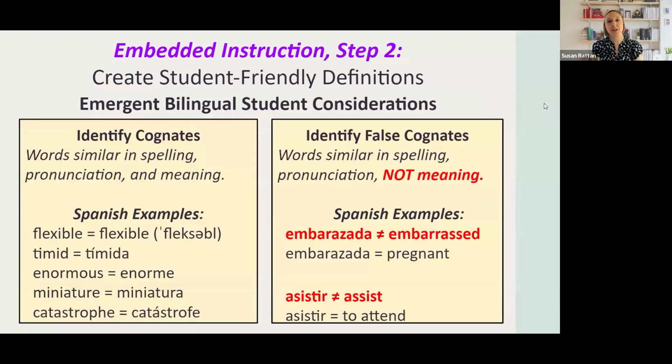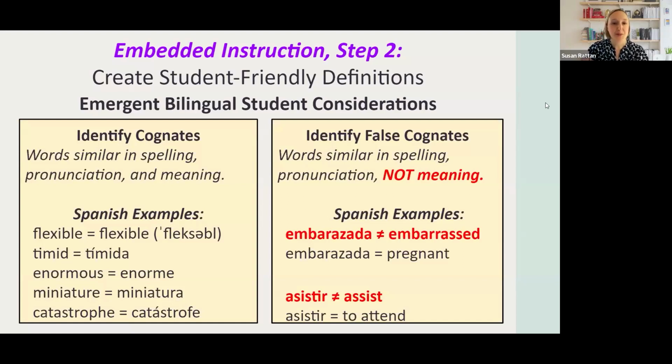And something else I want to point out here while we're talking about choosing words and coming up with definitions is that it's important to also be aware of cognates for our emergent bilingual students. So a cognate is a word that is similar in spelling, pronunciation, and meaning in both languages.